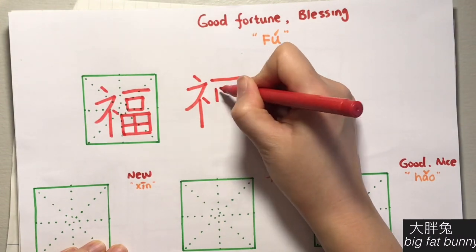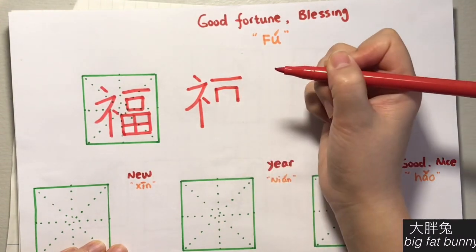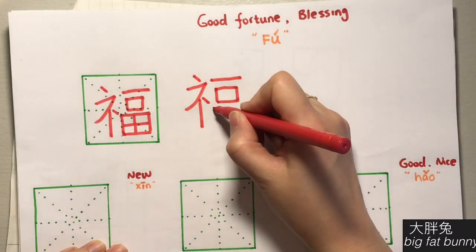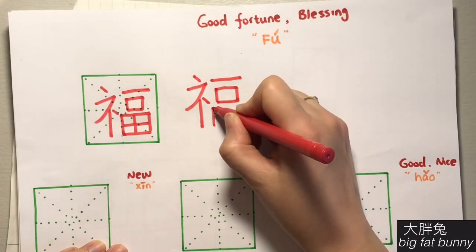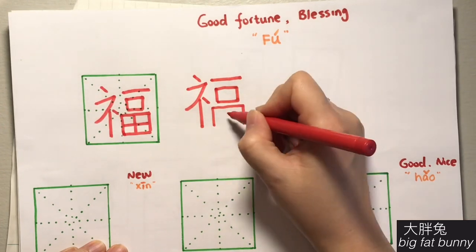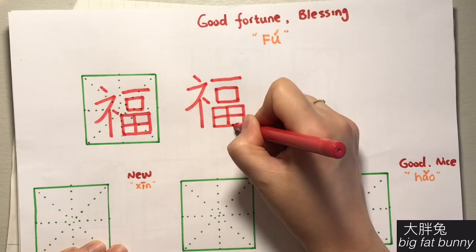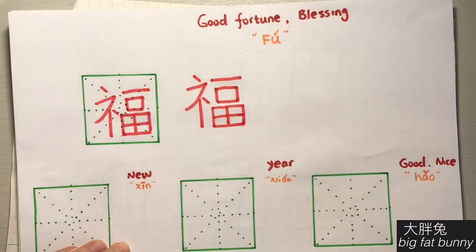Then a little window, then a bigger window, in the middle a cross. Looks lovely, isn't it? Looks beautiful.